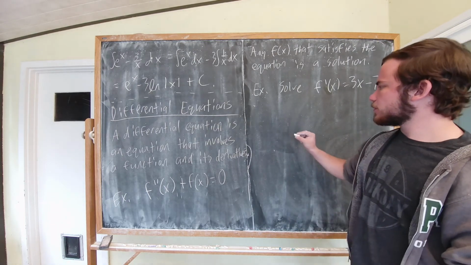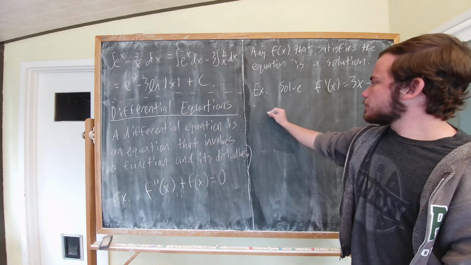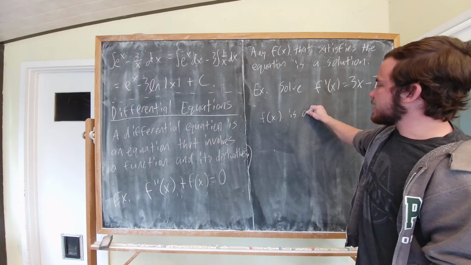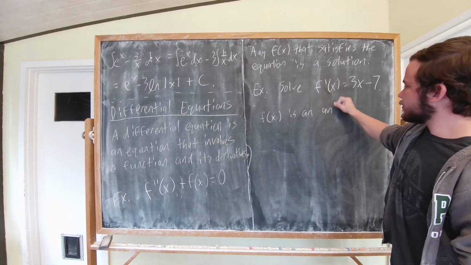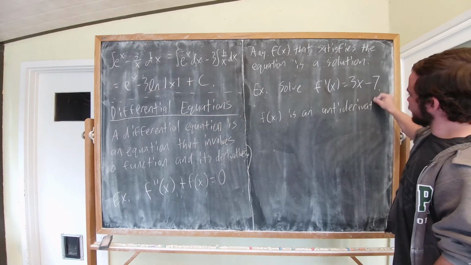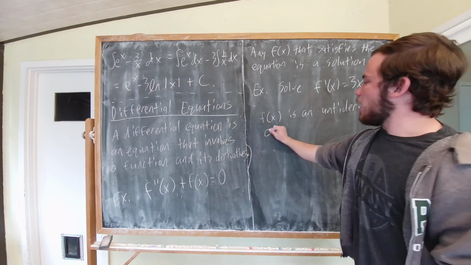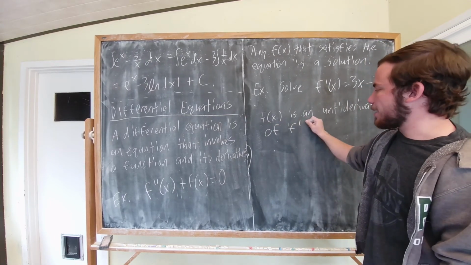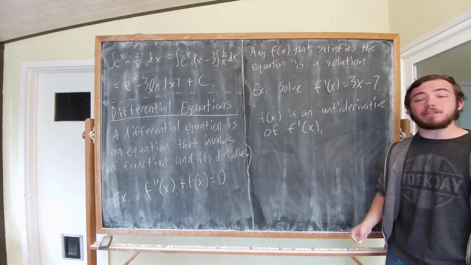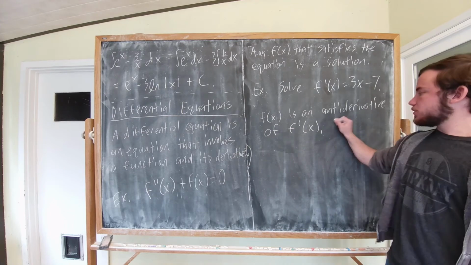Why? Well, f of x is an antiderivative of f prime of x. By definition, right? F prime of x is the derivative of f of x.